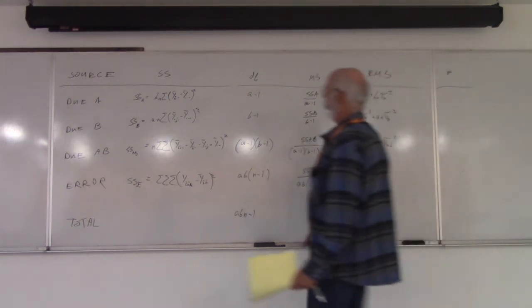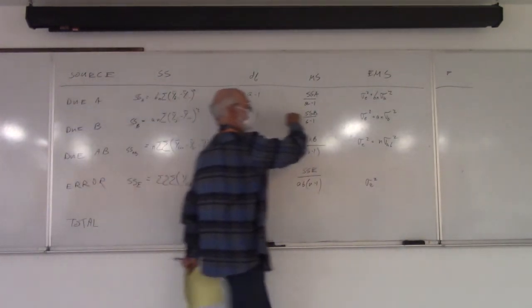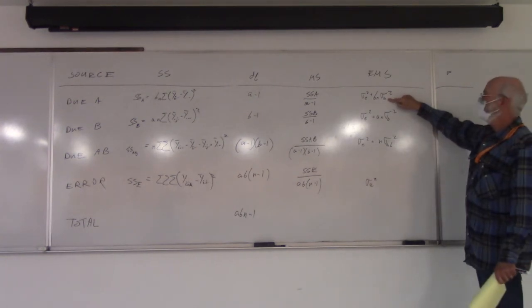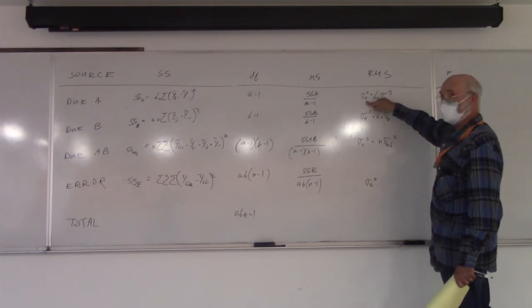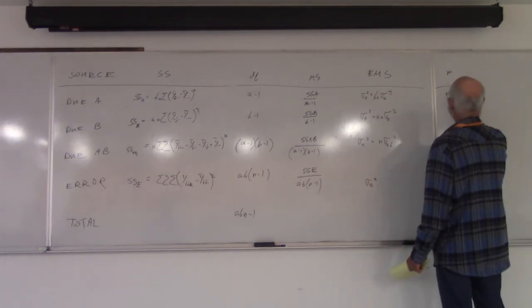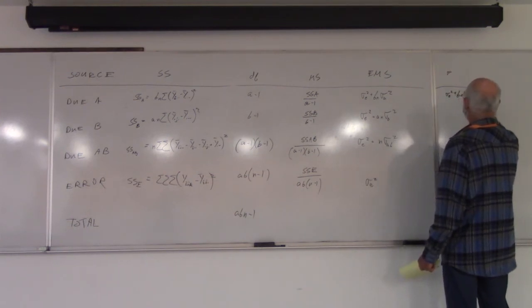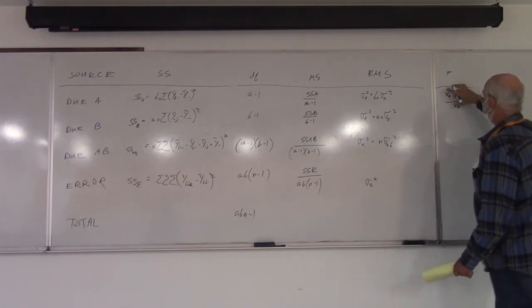You want to isolate the variance associated with A. Where do I see some A's? Oh, I see an A right there. So I want to isolate that term. There's the epsilon. So it's going to be sigma E squared plus B n sigma A squared divided by sigma E squared. So that equals 1.